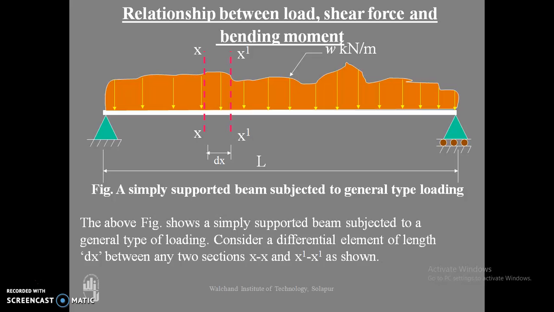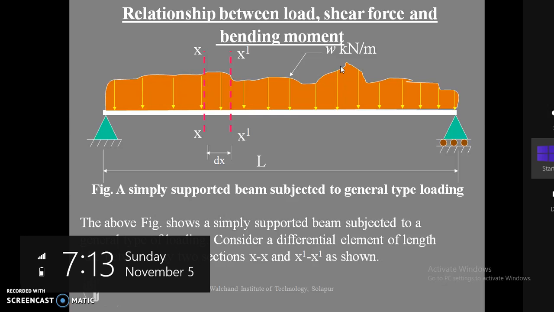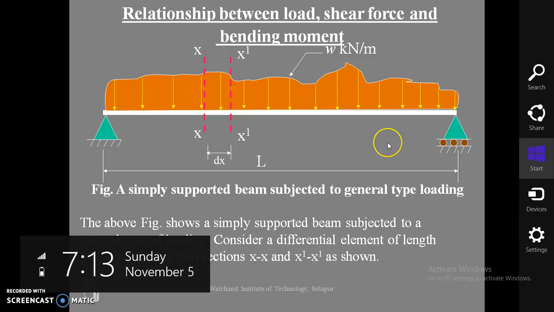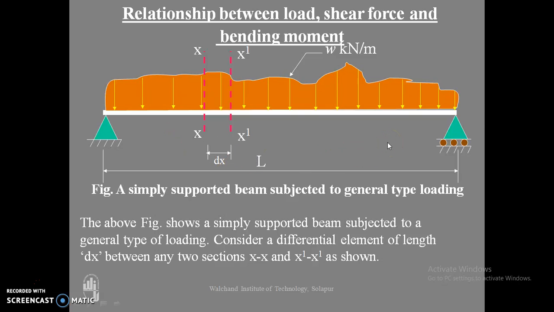So let us consider one diagram and discuss the relationship between the load, shear force and bending moment. There always exists some relationship among all these diagrams. For that, consider this simply supported beam subjected to some haphazard loading as shown here, and take a small elementary length of this beam of length dx, comprised by sections xx and x1.